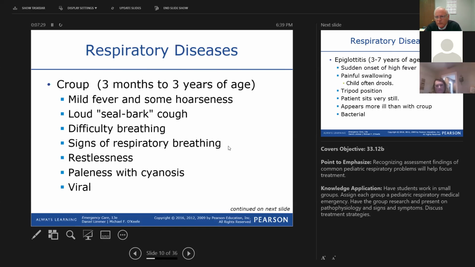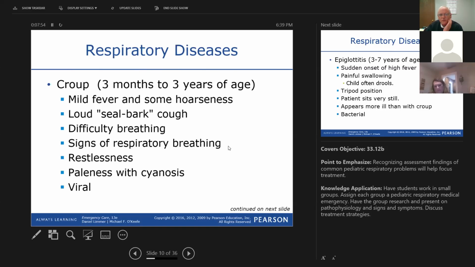Croup is a viral illness. Lots of times we see this in wintertime. If they're inside, the house has been dry, and they get this viral infection, and they start having all these issues. And then we show up and we take them outside to the ambulance, and it clears them up, that cold air, for some reason. It happens quite often.